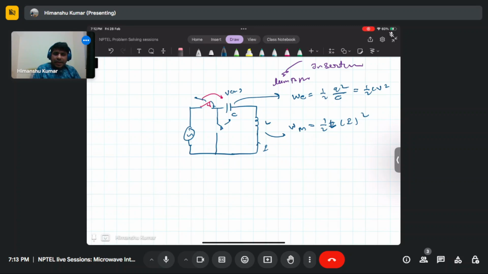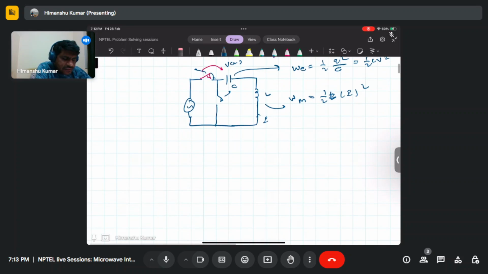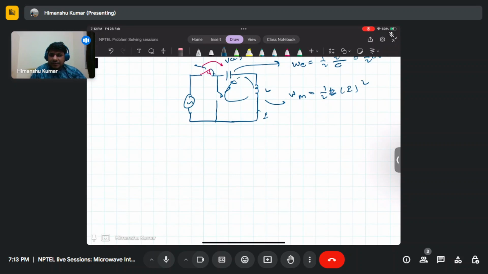Now at the resonance, once you close this switch, the energy will keep on oscillating between these two circuit elements. This basically works as an LC oscillator, and if you have a perfect capacitor and a perfect inductor, then it will oscillate for infinite time if there is no loss in the system.